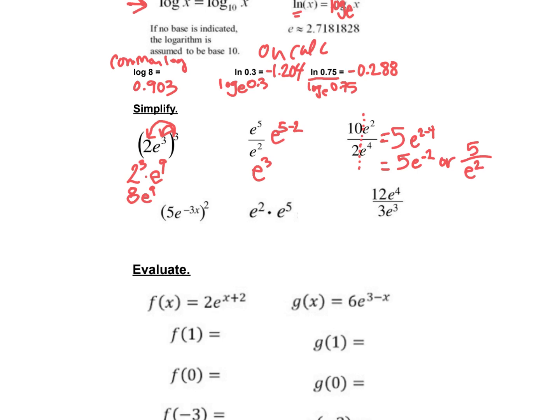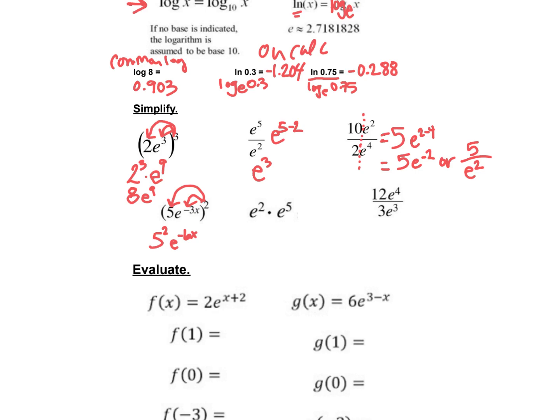What are we on? Number 4 here. We have a 2 on the outside. I'm going to bring this in and distribute it to the 5, and I'm going to distribute it to this whole situation because this is e to the negative 3x power. And so the 2 is going to be distributed to the 5. That's going to give us 5 squared. And then e to the negative 3x times 2 is negative 6x. Okay?